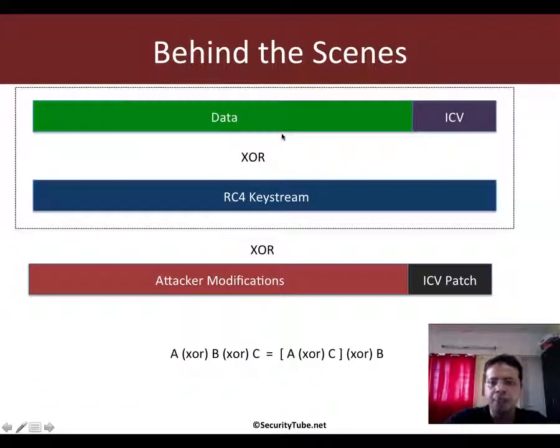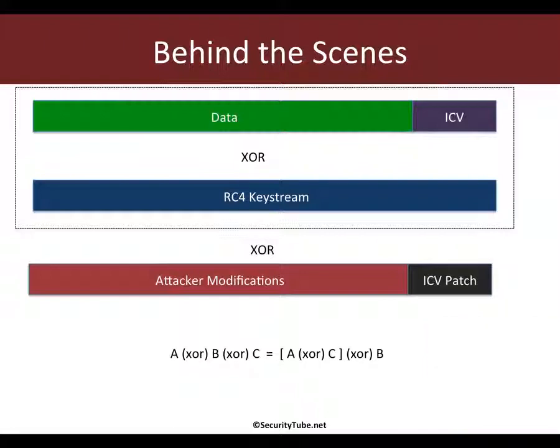So to break it up, if you want to visualize what is really happening behind the scenes, our original encrypted packet was the plain text data along with the ICV for the plain text, and this was XORed with the RC4 key stream, right? Now, we are XORing this encrypted packet with the attacker modification and the ICV patch.